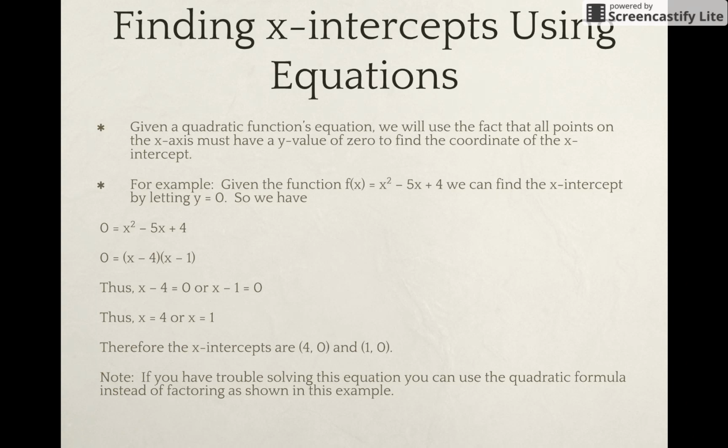Let's consider the example of finding the x-intercepts for the function f(x) = x² − 5x + 4. Just like we did in App 2, we'll let y equal 0. When we do that, we have the equation 0 = x² − 5x + 4. I'm going to factor x² − 5x + 4, and I get (x − 4)(x − 1).